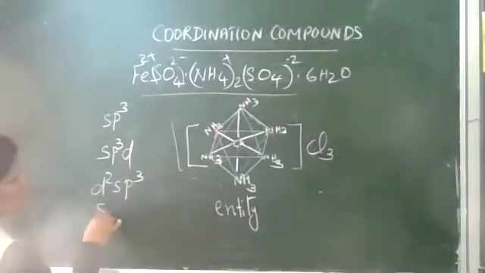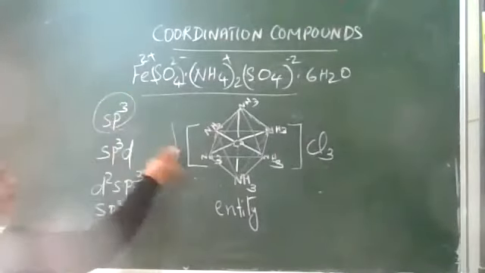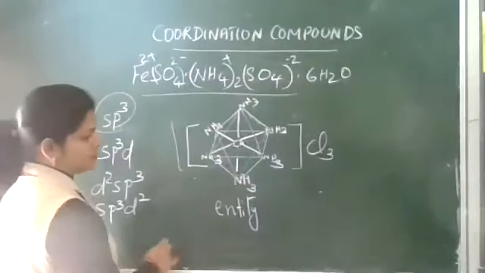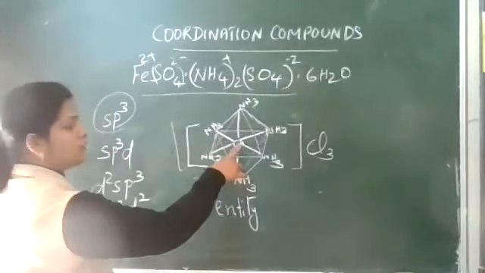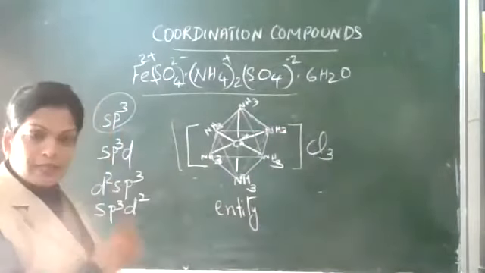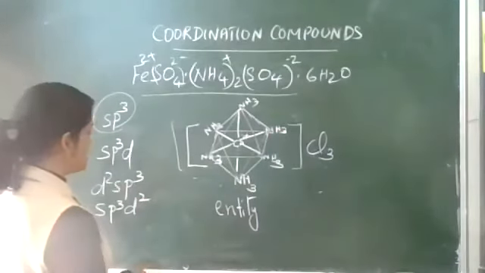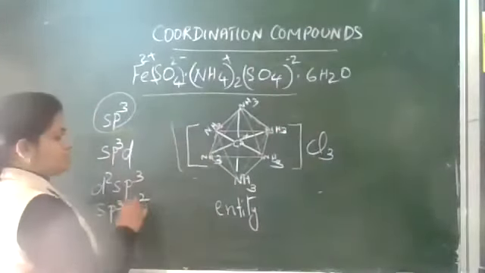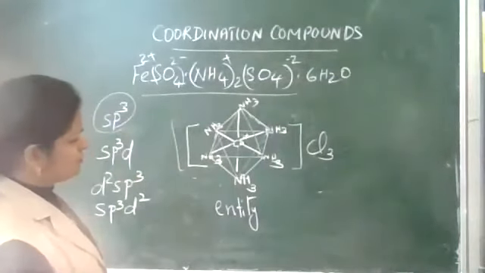d2sp3 or sp3d2 is octahedral. So according to the hybridization of the central metal atom, or you can call it a central metal ion, because this is Co3+, inside this coordination entity, the shape will be changed.